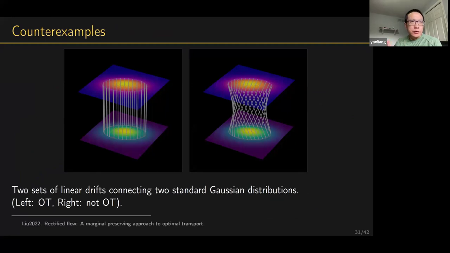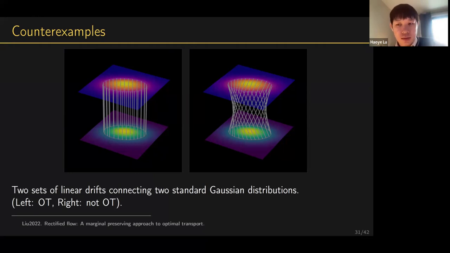When you do a reflow, we know you're not going to preserve the coupling between the starting point and the end point. We also know you're going to preserve all the marginal distributions at each time point. Yes. So the marginal distribution at each time point is preserved, but the joint distribution between two time points is not preserved. Yes.